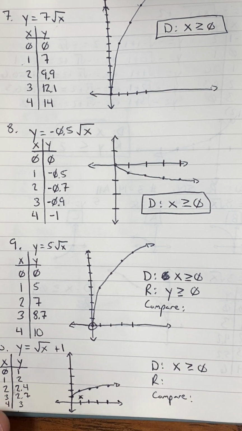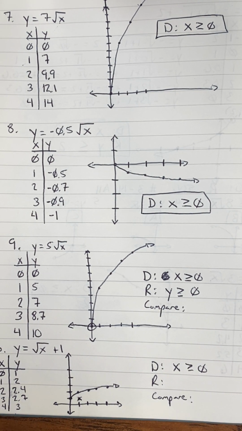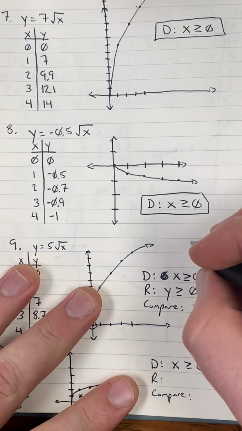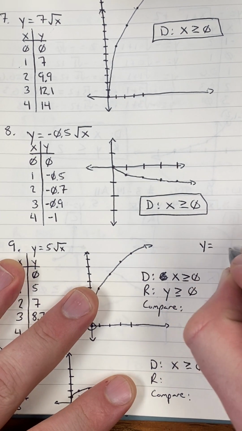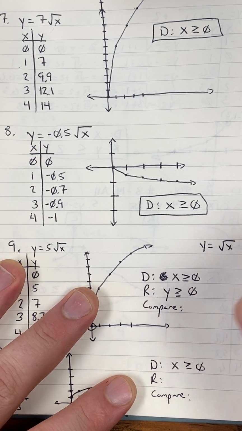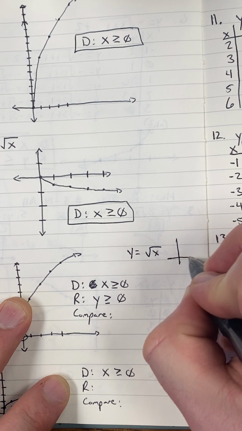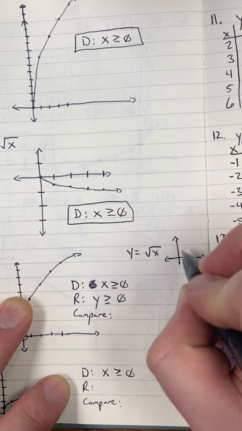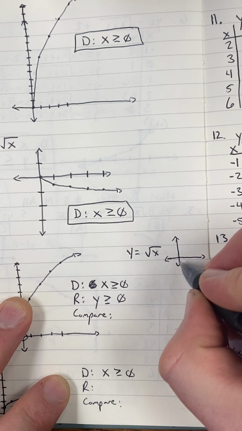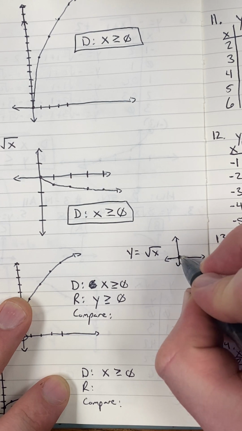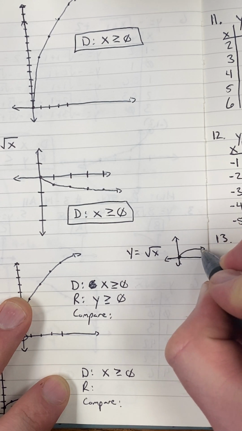And then now we're going to write a comparison. So we're going to compare this to the graph of y equals square root x. So if I have y equals the square root of x, I'm going to remember that this graph looks something like this. Okay? Starts at 0 and it kind of goes up like that.